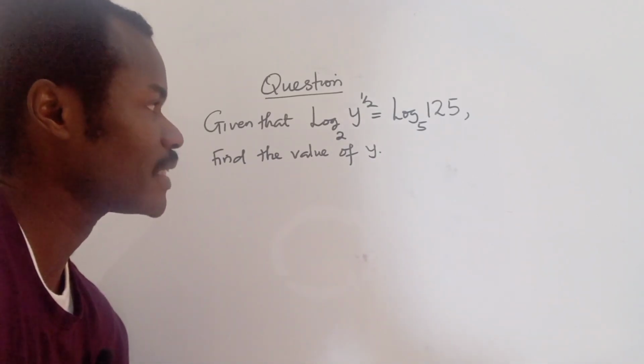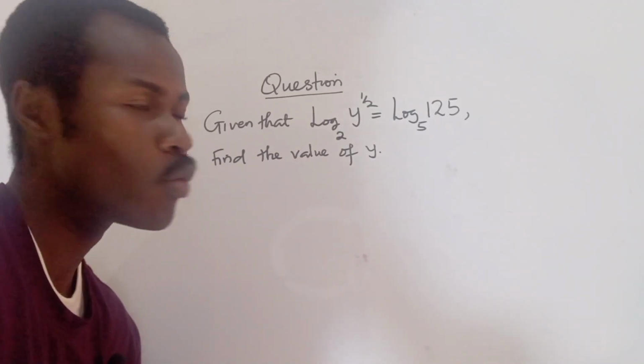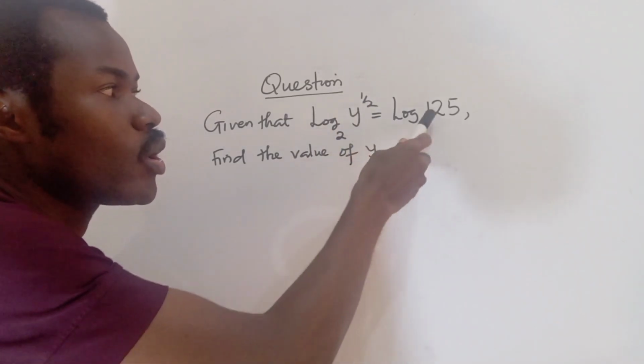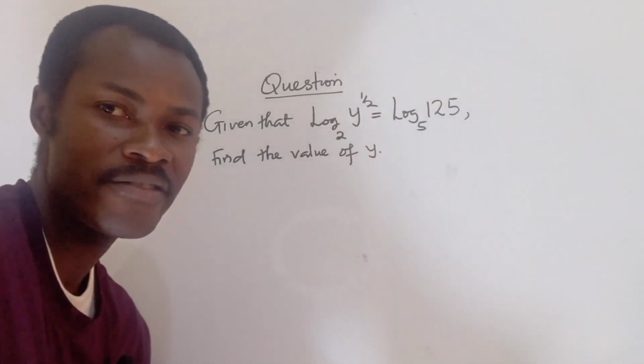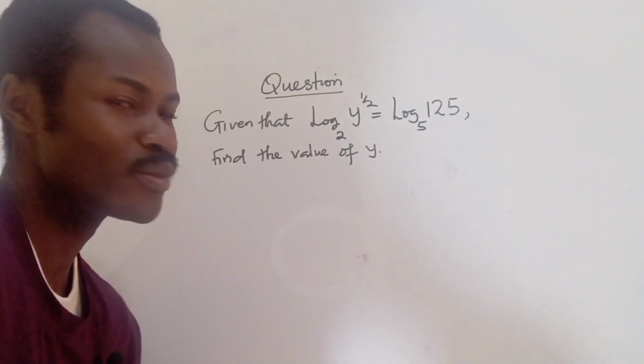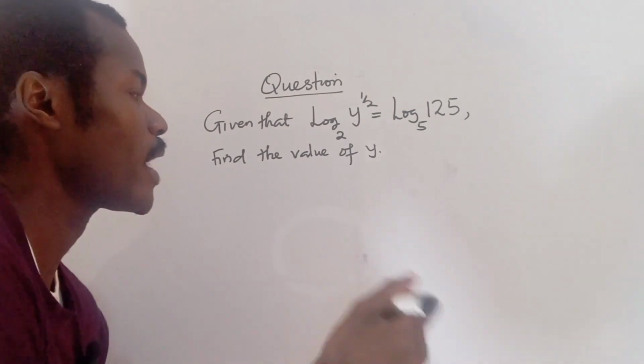It says, given that log y to the power of half base 2 is equal to log 125 base 5, we're asked to find the value of y.